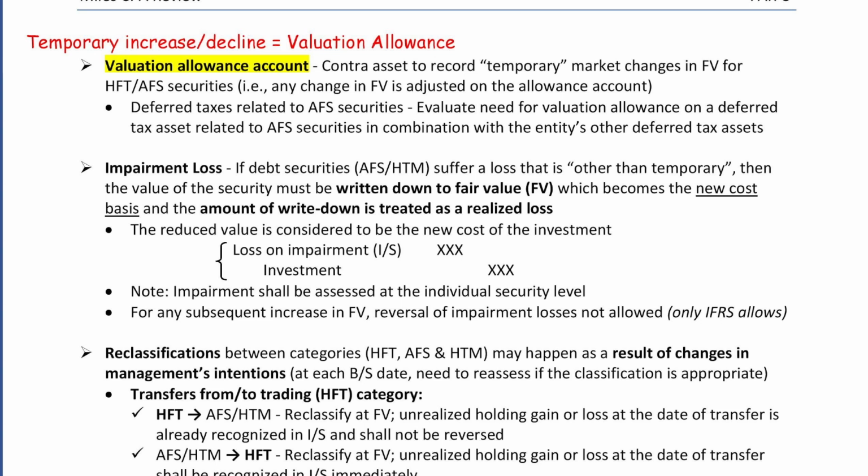So right there, temporary increase or decline goes into valuation allowance. However, if there's a decline in fair value that's not temporary, that's like permanent, that's what we call an impairment loss. So right there, other than temporary decline equals impairment.